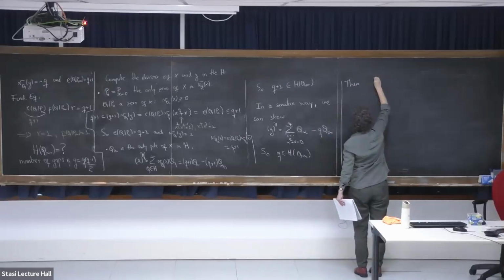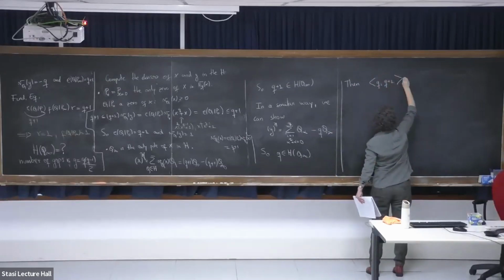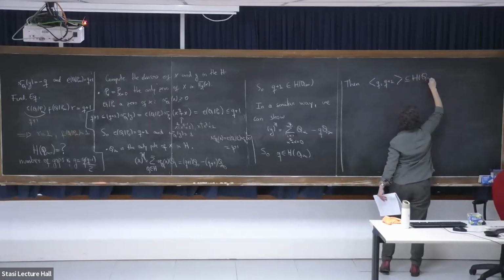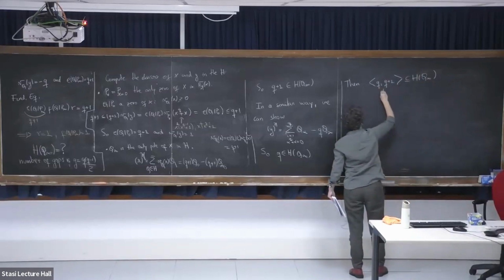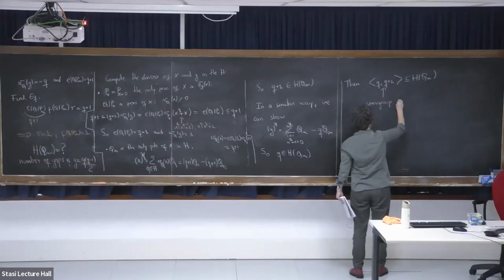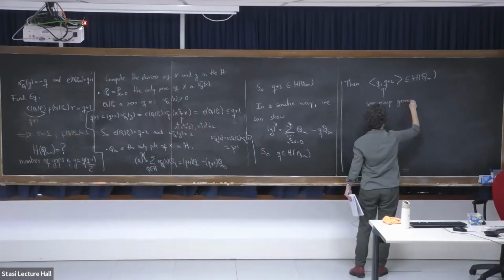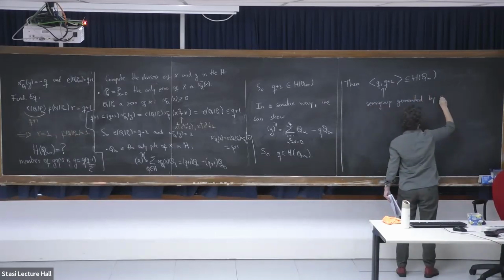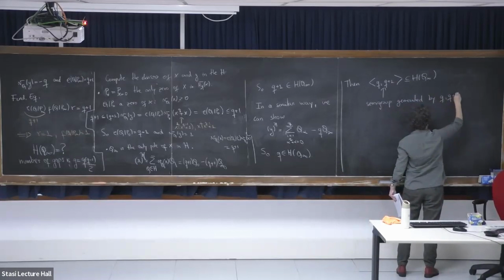And so who is this guy? This is the semigroup generated by Q and Q plus 1.